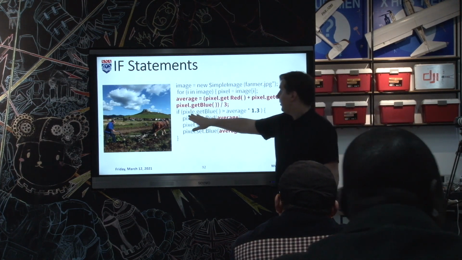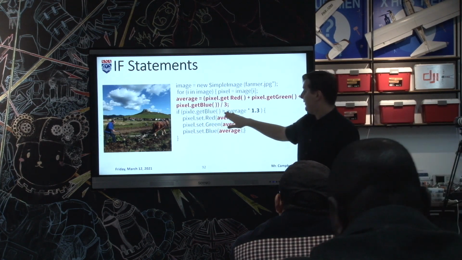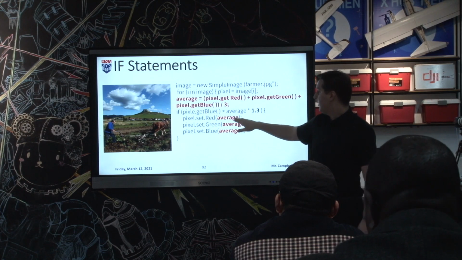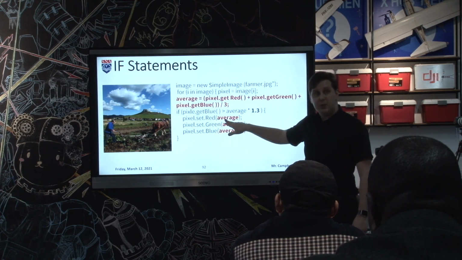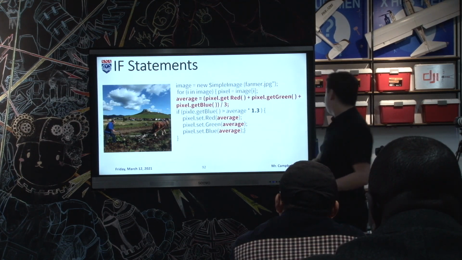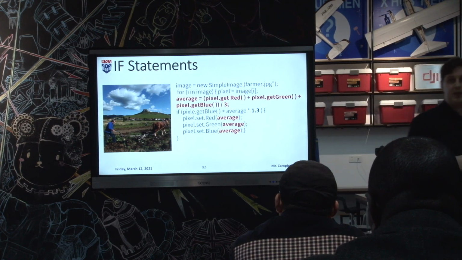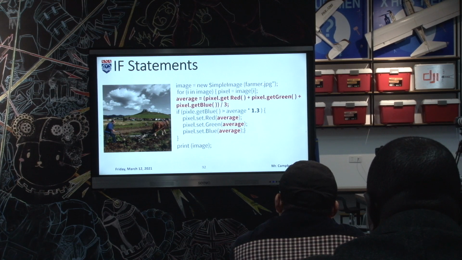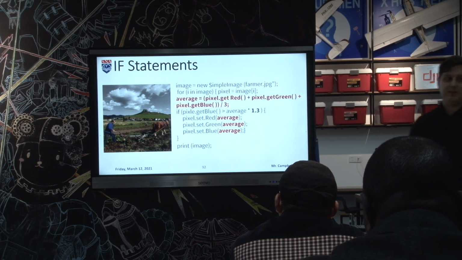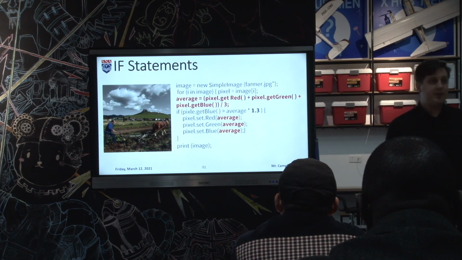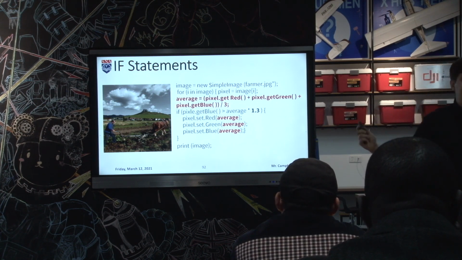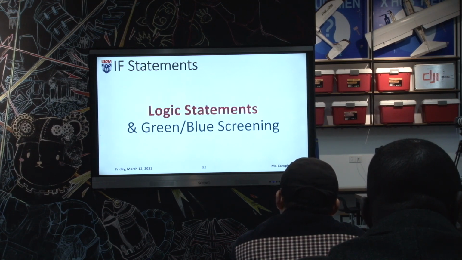Okay, so we're going to set the blue if it is greater than the average, and we're going to set the red equal to the average, set the green equal to the average, and set the blue equal to the average. And now we've targeted just the blues, and we've converted the sky to this gray, cloudy, gloomy day. Okay? So we didn't actually even need to create a new variable. We already had the variable in the program ready to go. We just had to use it.